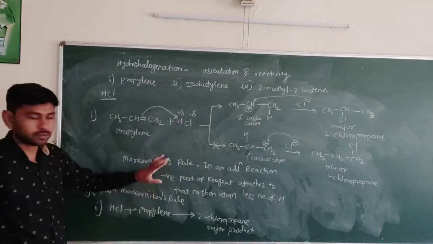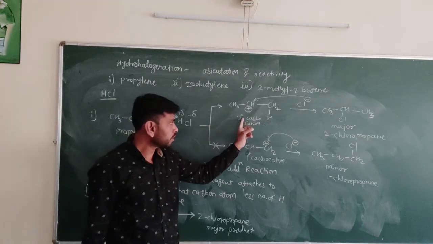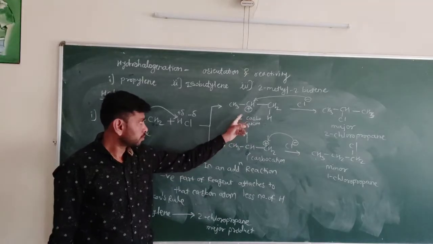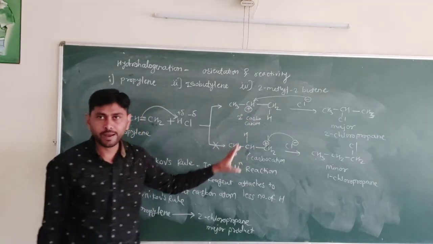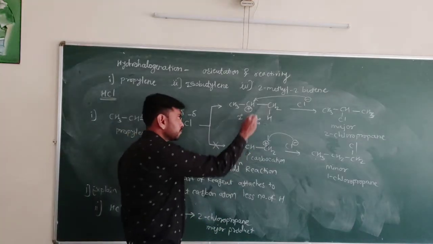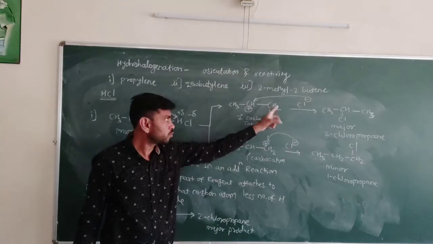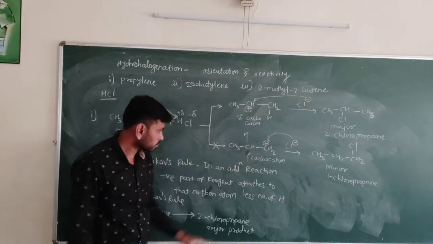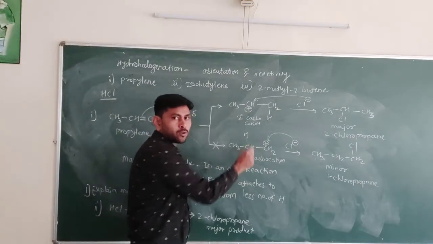The reason for obtaining this major product is that a secondary carbocation is formed here, and a primary carbocation there. In order of stability, this is an electron-deficient species, so it is stabilized by the inductive effect of two groups, and here there is the inductive effect of only one group.